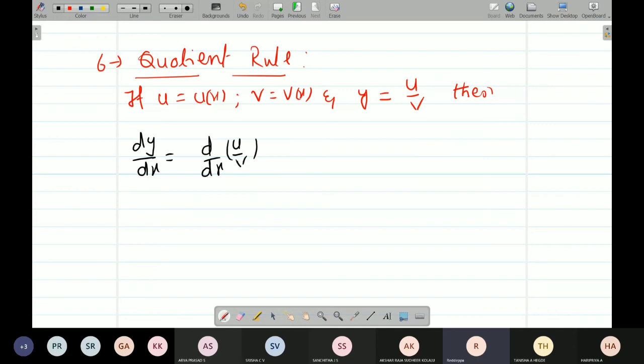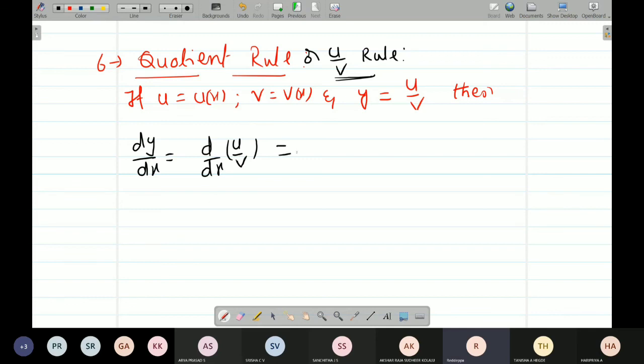We call it the u by v rule. The product rule can be called the uv rule, and the quotient rule can be called the u by v rule. So it is nothing but the quotient rule.